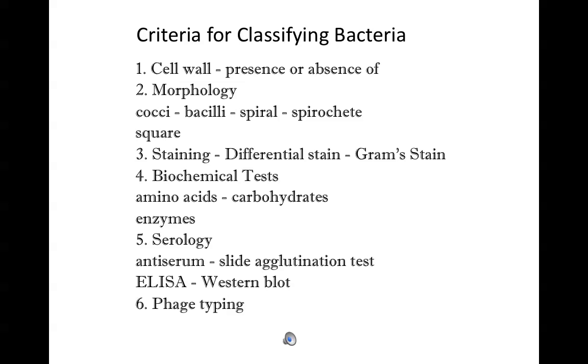In addition to those first four criteria that we'll use in lab this semester, there are other methods that we can use to distinguish different types of bacteria. Serology and phage typing.